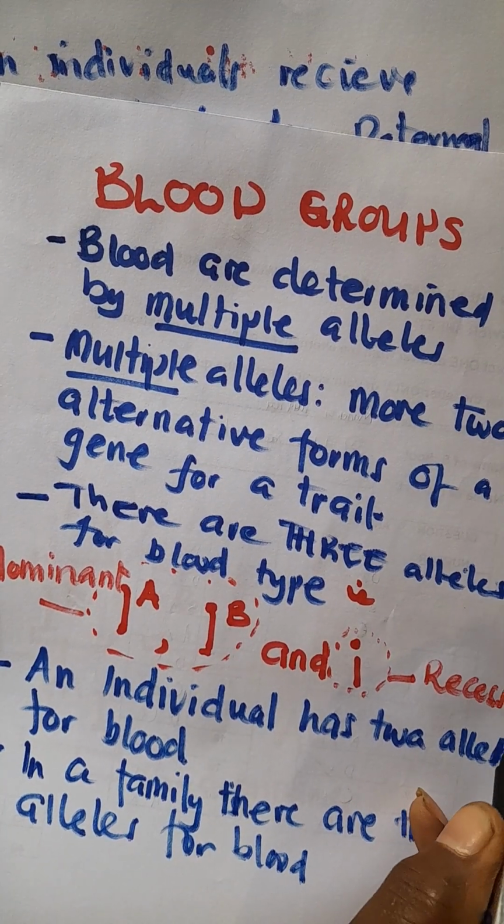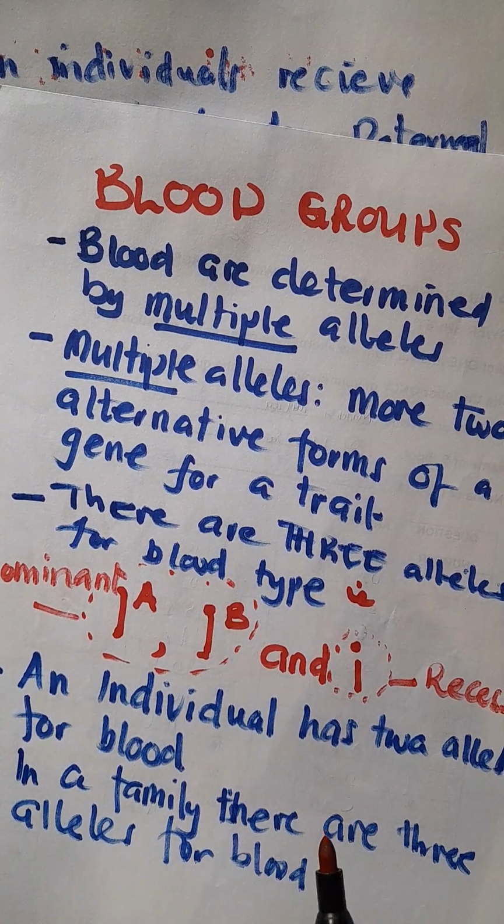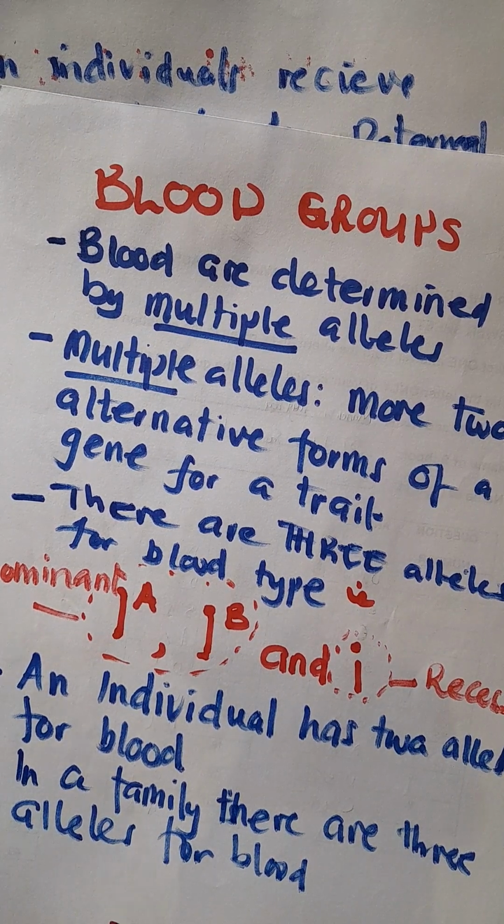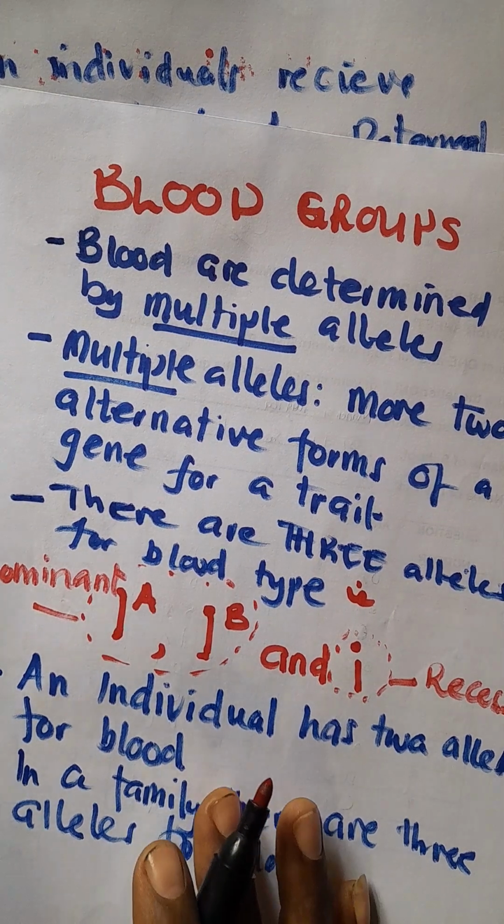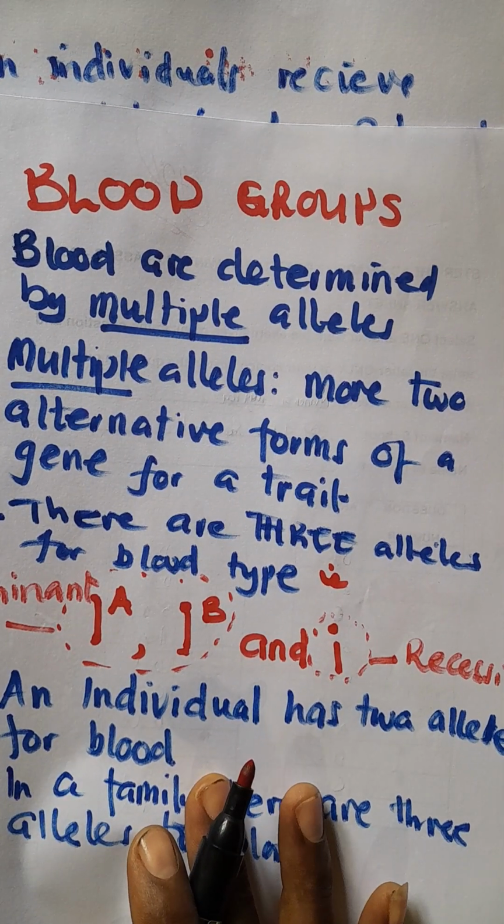So each time this recessive allele combines with IA or IB, then the individual will carry the dominant allele characteristic. The recessive will not appear. It only appears if two of them are recessive.